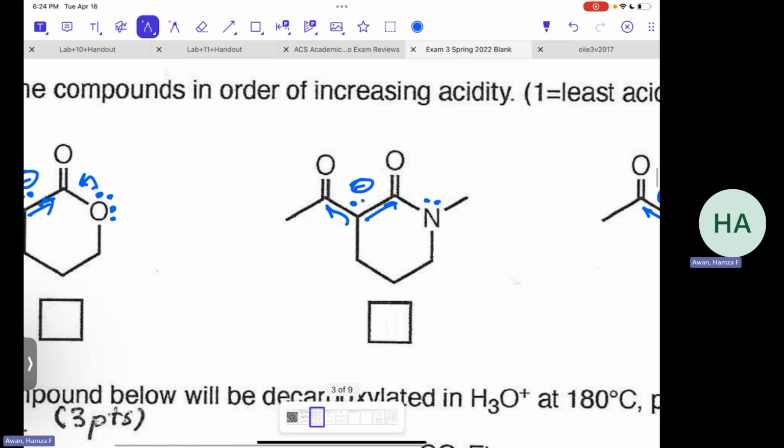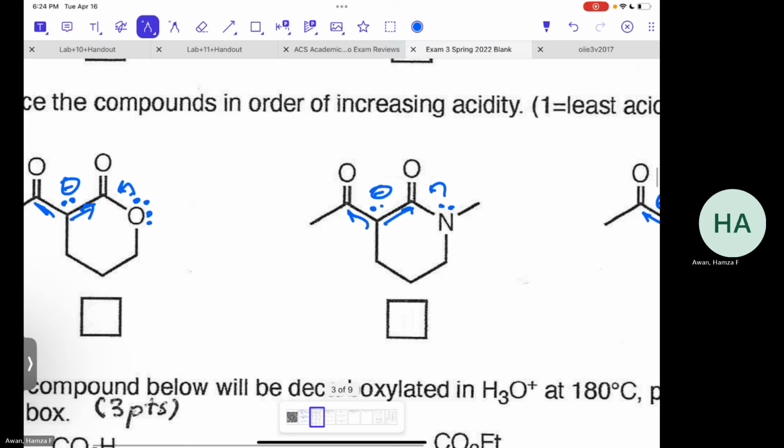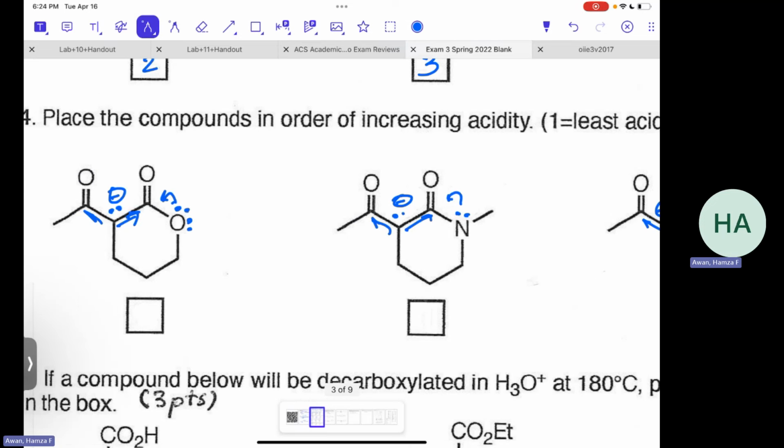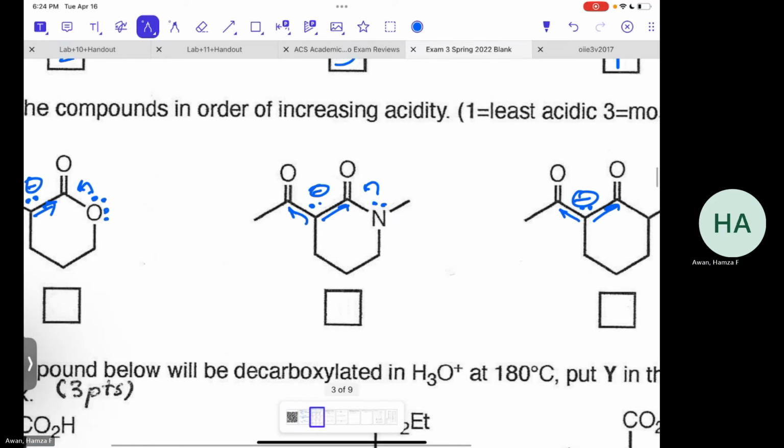And the same logic goes here. So this nitrogen is going to donate some electron density, and so it's going to need less electron density from the minus charge to pull it, right? So because of that, it's going to be slightly less stable.